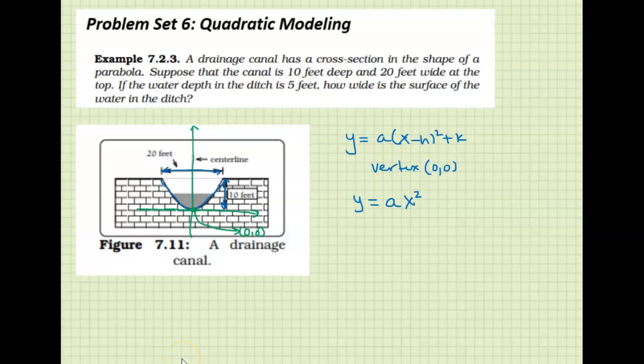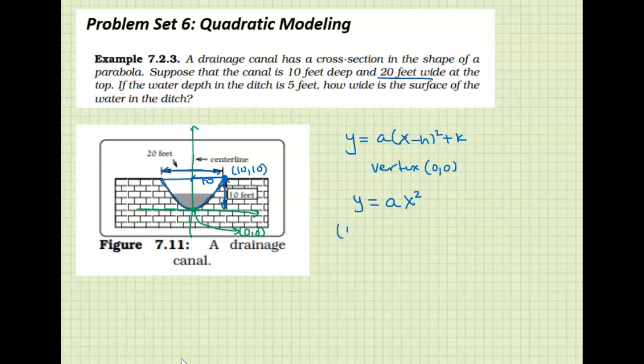If I look at this point right here on the parabola, the height is 10 and it is 20 feet wide all the way across. So from the y-axis to this point, that's going to be 10 feet. So this point right here is (10, 10), 10 high and 10 across.